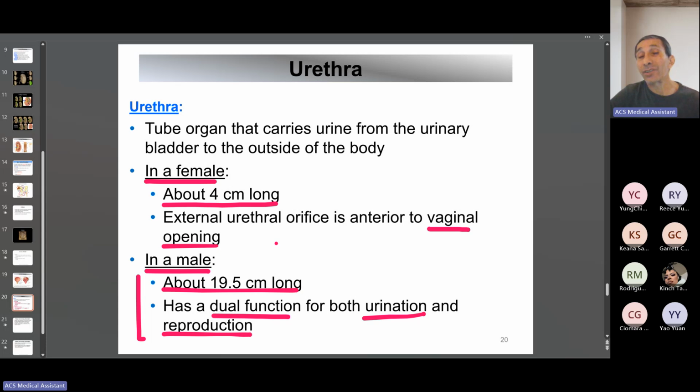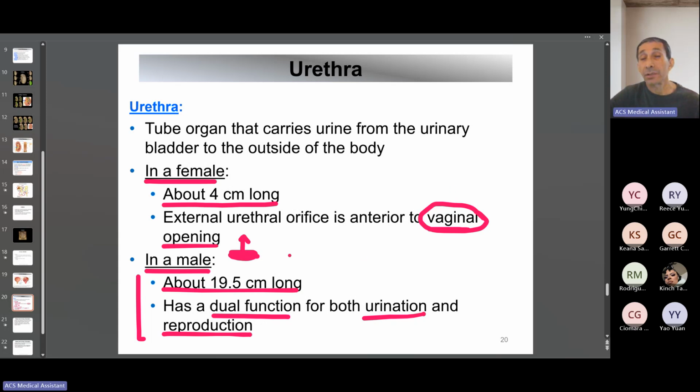Because it is so close to the vaginal opening, and the vaginal opening and the urethra are very close to the anal canal, feces from the anal canal can be passed very easily to this area, the vaginal canal or the vulva, the labia.